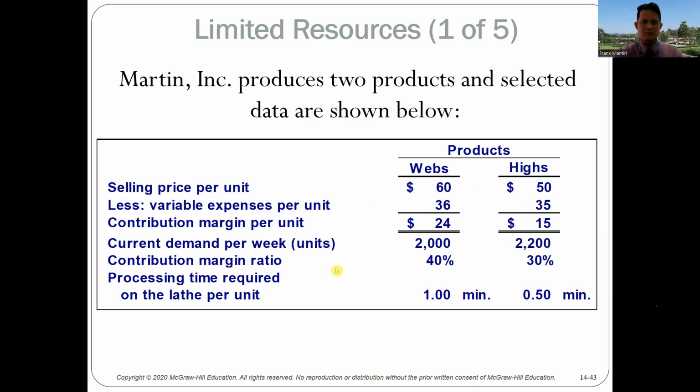Now there's a current demand per week for webs of 2,000 units and for highs of 2,200 units. Now the contribution margin ratio is 40% for webs and 30% for highs. And the process time required on the lathe is 1 minute per unit for webs, and 0.50 minutes per unit for producing highs.